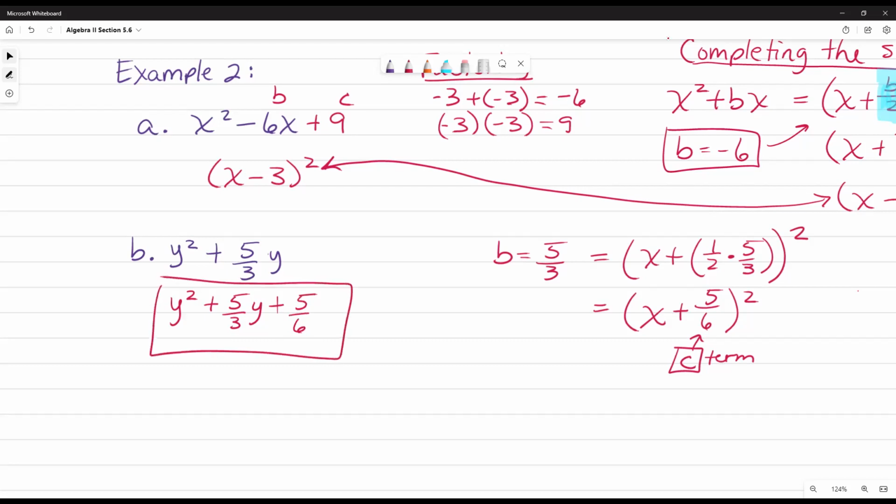And it will give you, I used x, sorry. It will give you y plus 5/6. Wait, hold on. It's 5/6 squared. Y plus 5/6 squared. So 25/36. But you can just leave it like that.